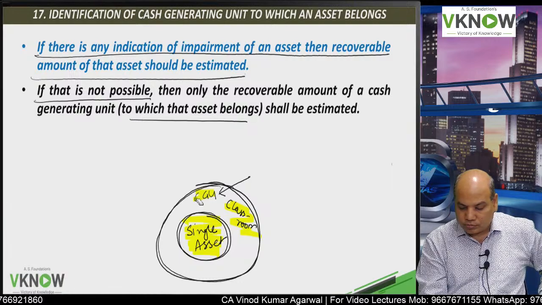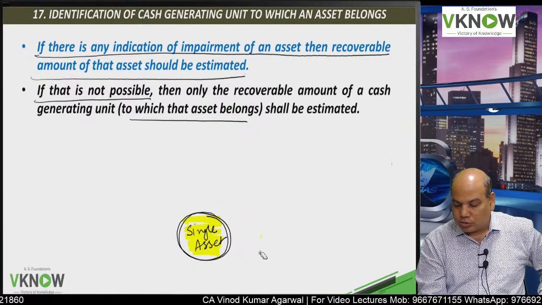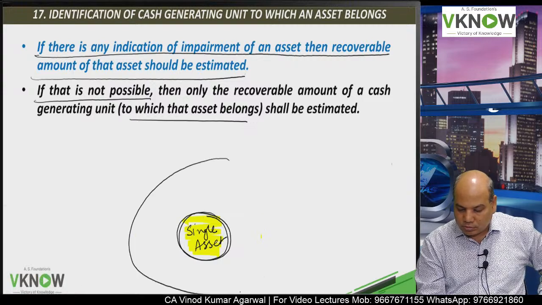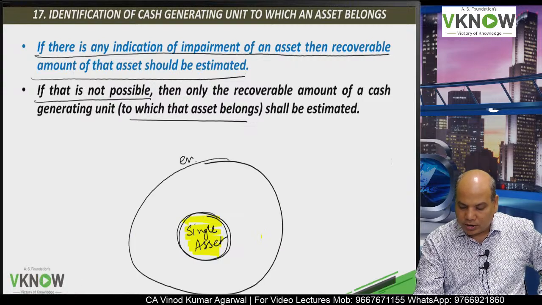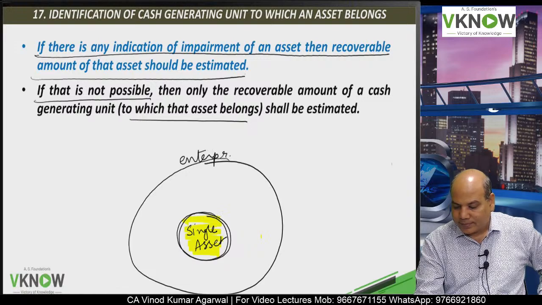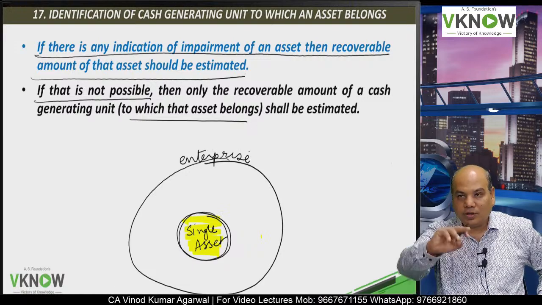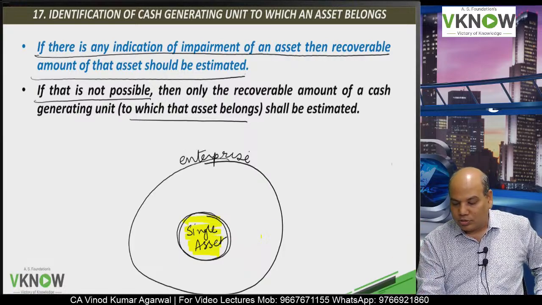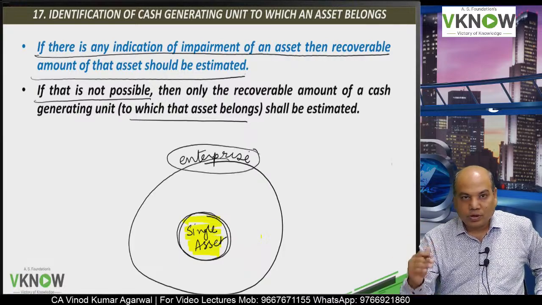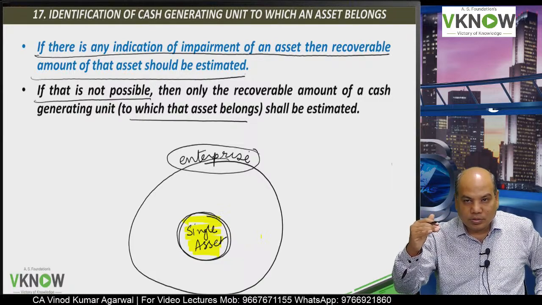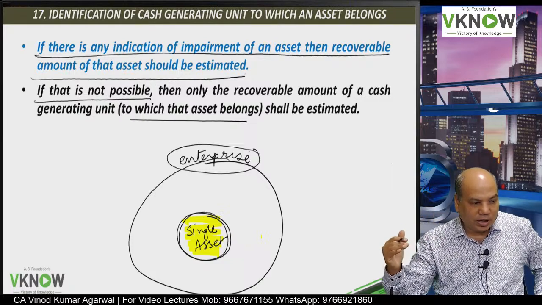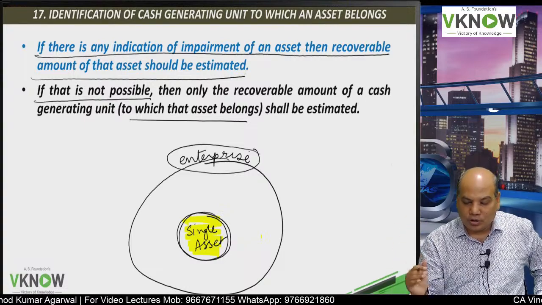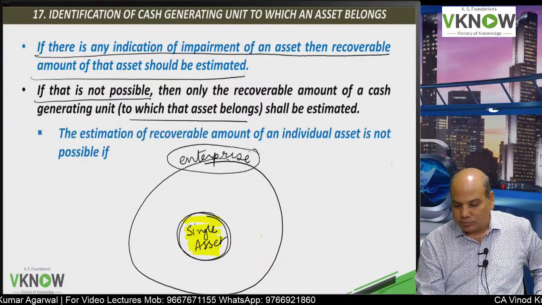If suppose the classroom also does not generate independent cash flow, then I will go to the enterprise and we'll see whether the whole enterprise generates independent cash flow or not. So finally you will reach a level which generates independent cash flow and you will apply the impairment testing for that level.